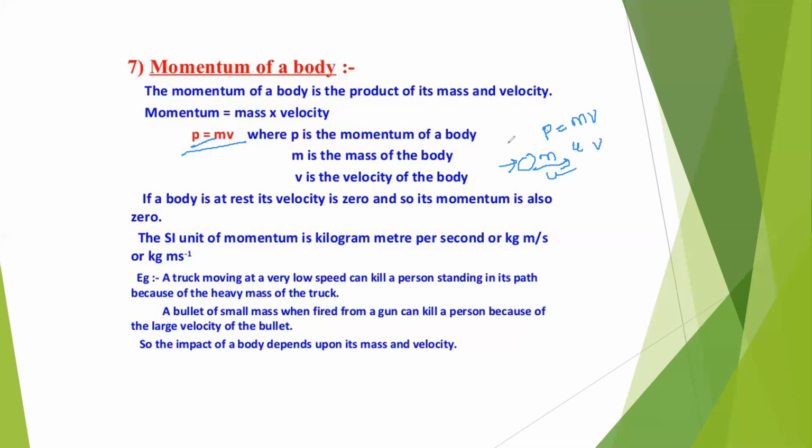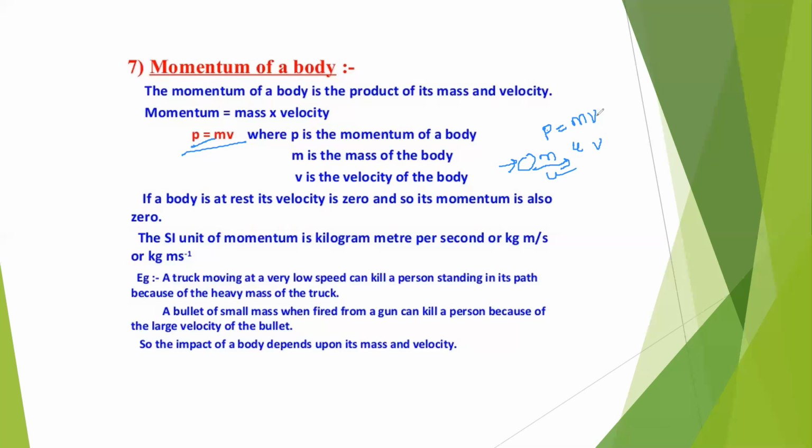We can see here it is written, if a body is at rest, what happens, students, when bodies are at rest? If the body has mass m and is moving with velocity v, the product is m into v.